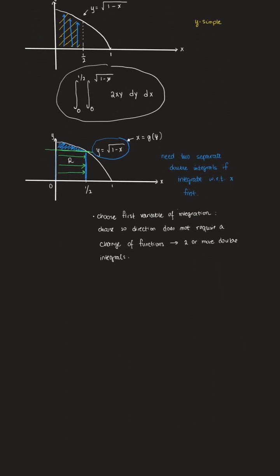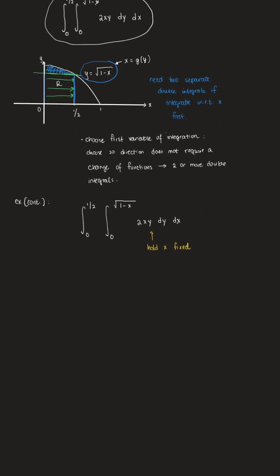So our example continued. We have integral from 0 to 1/2, integral from 0 to the square root of 1 minus x, and our function. And so since we're integrating with respect to y first, that means here we're first going to hold x fixed, so we treat it like a constant. So let's go ahead and integrate.